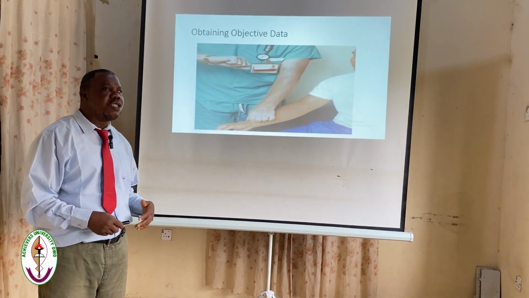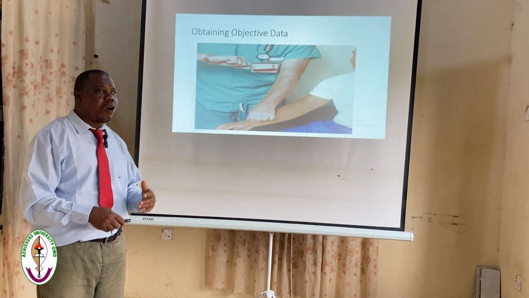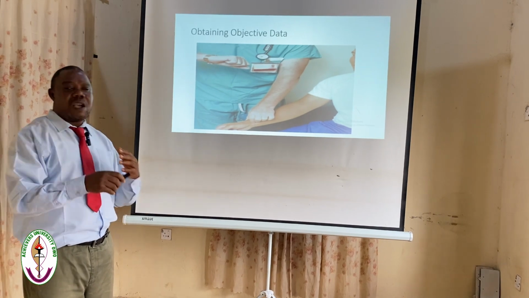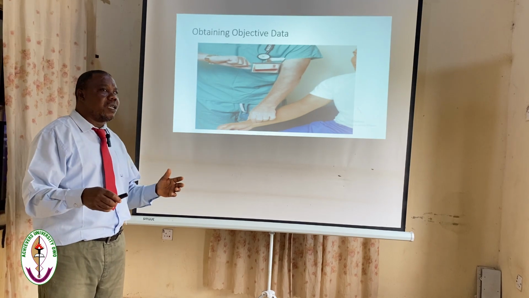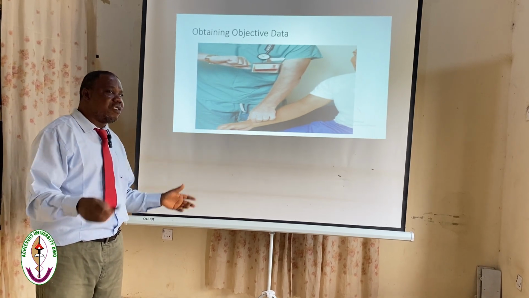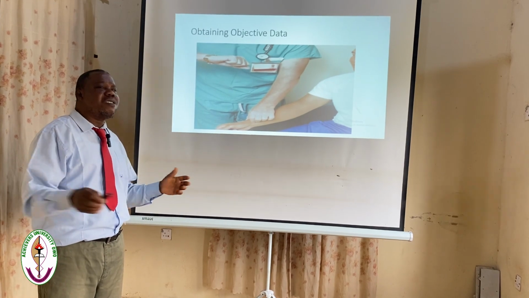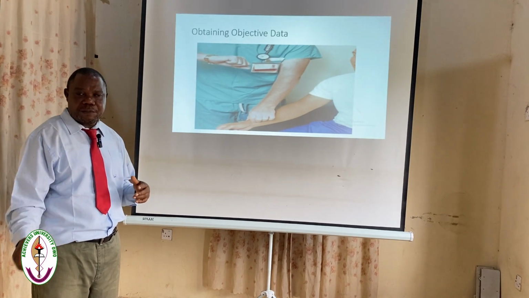All of this constitutes objective data. Temperature, pulse, respiration rate, and BP constitute objective data. And the lab results, ESR, electrolytes, all of these you can get from the lab, constitute objective data.